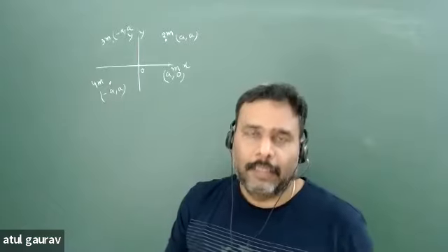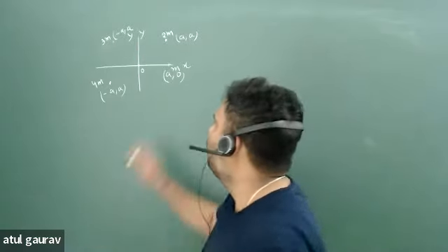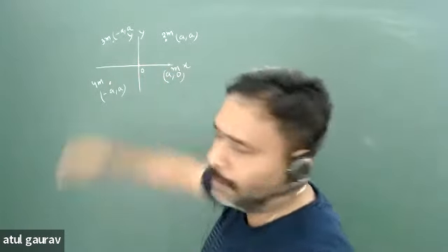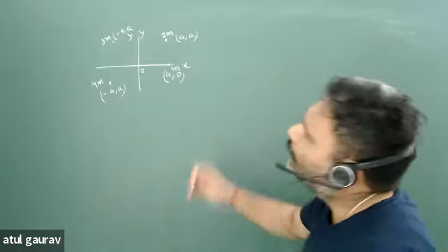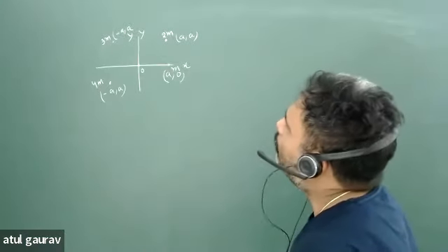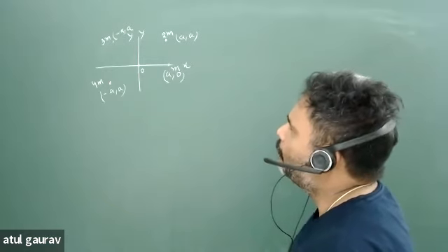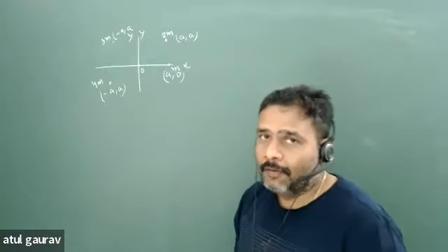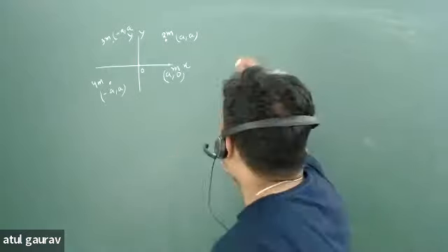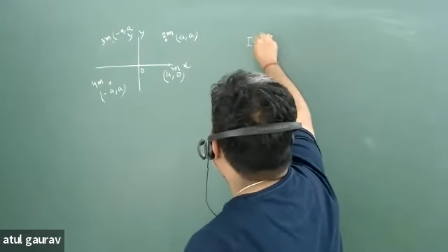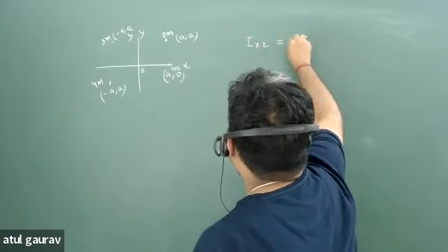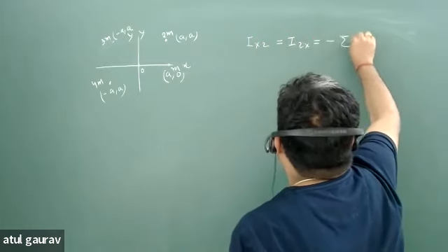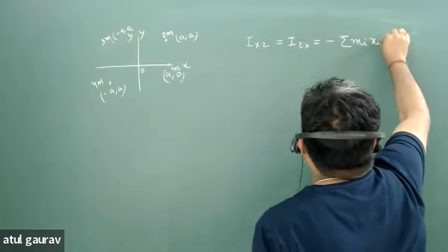So what will happen to the other coordinate? Always keep in mind that if this is in the xy plane, then the z coordinate is always 0. Without solving anything, can you tell me which component is going to be 0 directly? Izz? No, Izz is not 0. Izx and Izy, very good. Ixz is equal to Izx, which is nothing but the negative of the summation over mi xi zi.